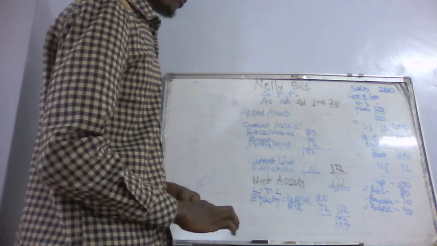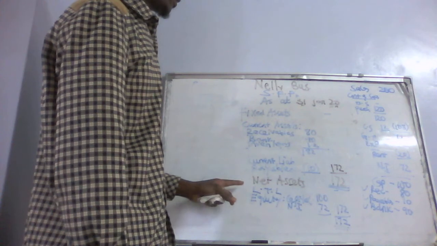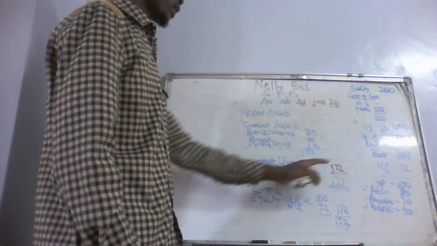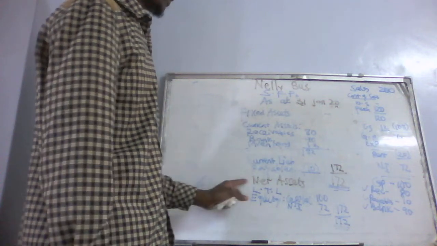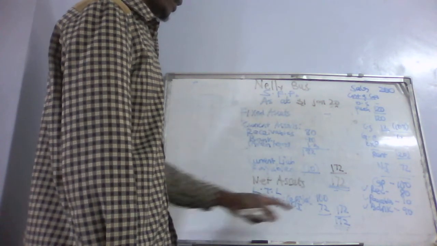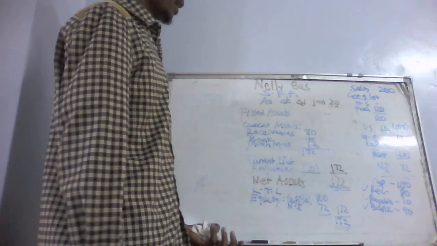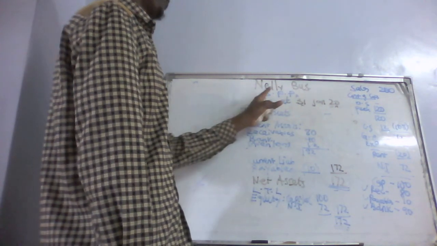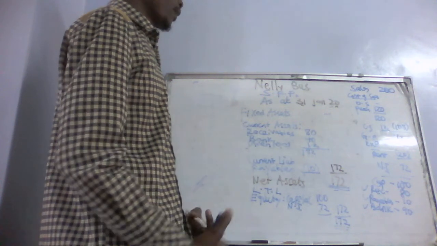So as you can see, if somebody looks at a glance, we can see net current assets are 172. Net assets are also 172 because we don't have fixed assets. Our equity is 172. So our net worth is actually 172,000. That is our net worth. So statement of financial position shows us our net worth.